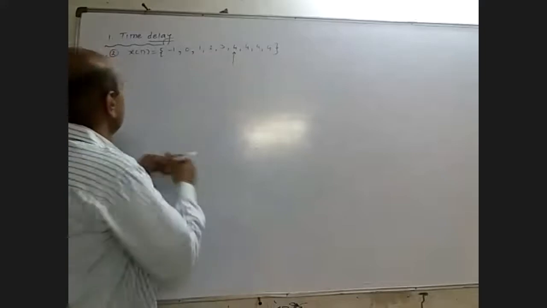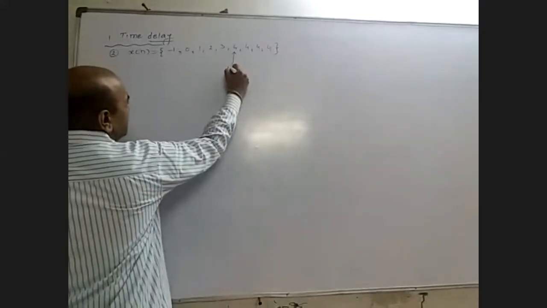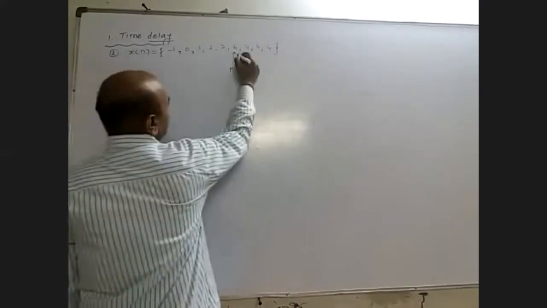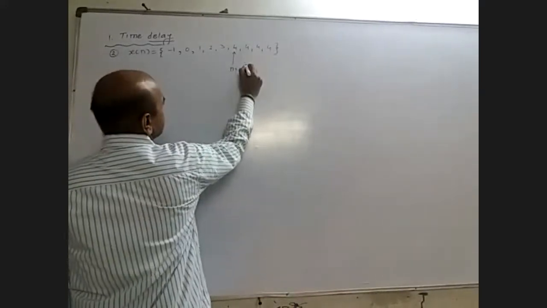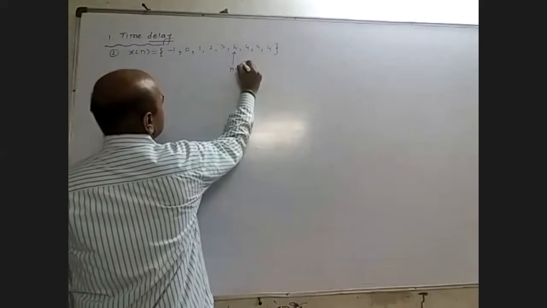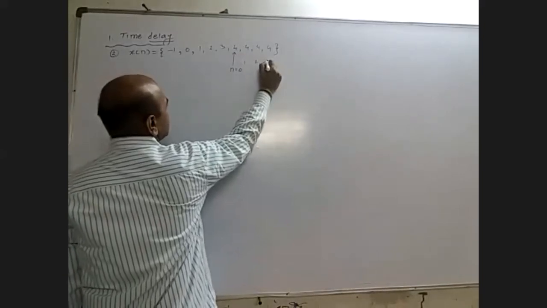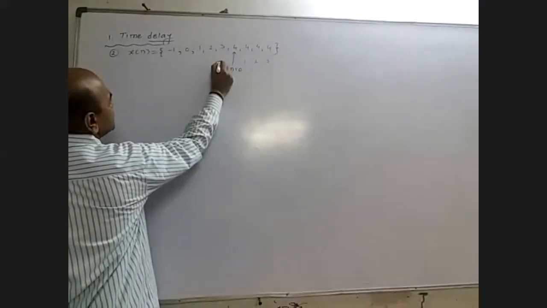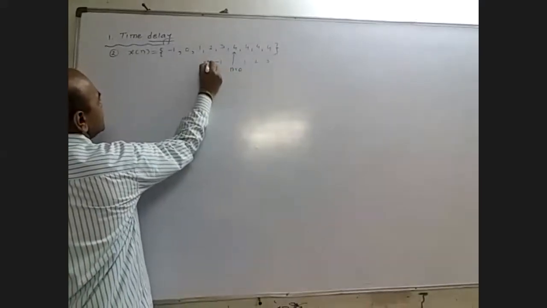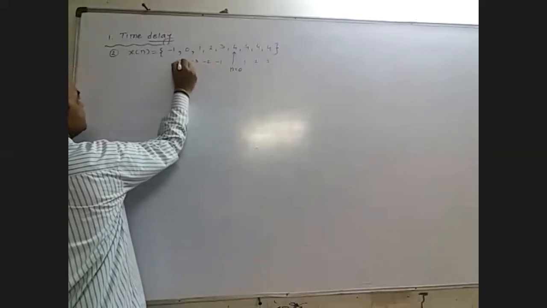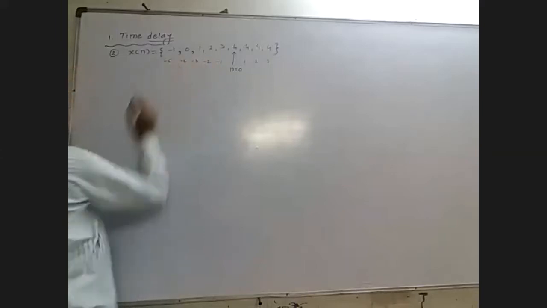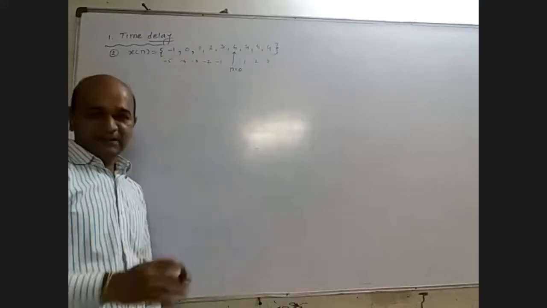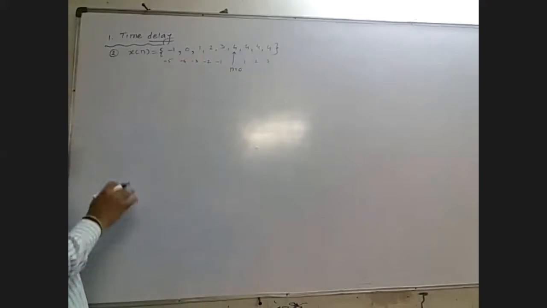So the arrowhead mark shows n is equal to 0. The further value is considered as 1 when n is equal to 1, 2, 3. Similarly, the earlier values are for n is equal to -1, -2, -3, -4 and -5.